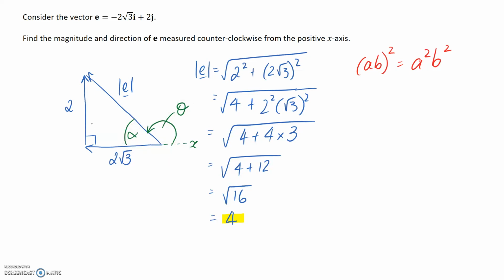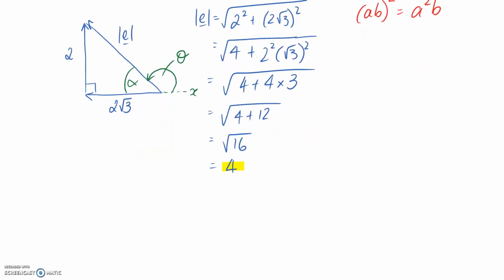I might use tan, because tan of alpha is going to be the opposite over the adjacent. You could use sine or cos as well, since we've already solved for E, the magnitude, but it doesn't really matter. So tan of alpha is opposite over adjacent, so 2 divided by 2 square root 3.